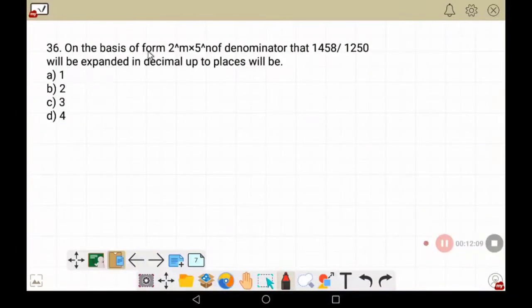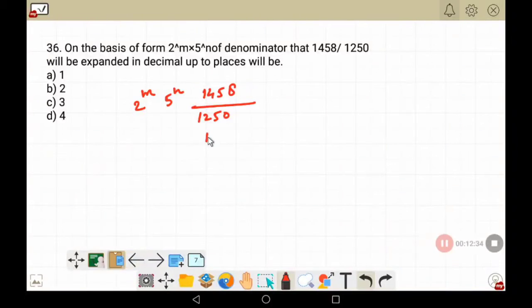On the basis of the form 2 to the power m and 5 to the power n of the denominator, the decimal will expand up to how many places? Look students, very easy question, just like the previous one. You have 1458 as a numerator and 1250 as a denominator. So what will you do?